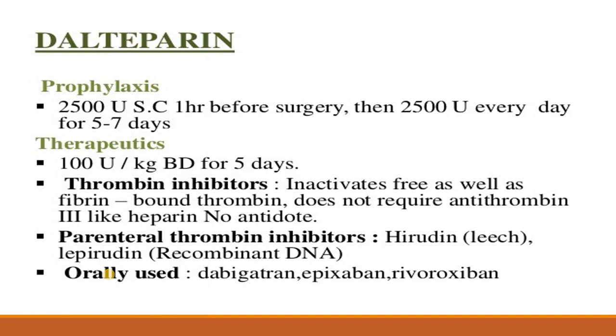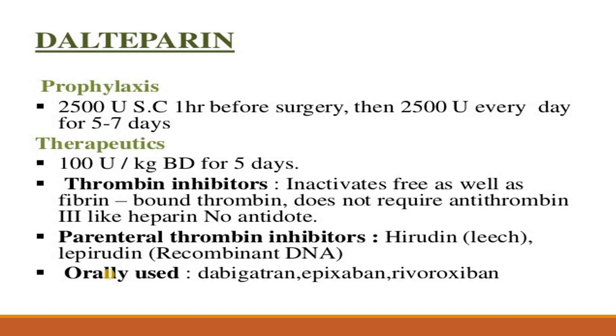Next is dalteparin. For prophylaxis, 2,500 units are given 1 hour before surgery, then 2,500 units every day for 5 to 7 days. For therapeutic use, 100 units per kg twice a day, BD, for 5 days.